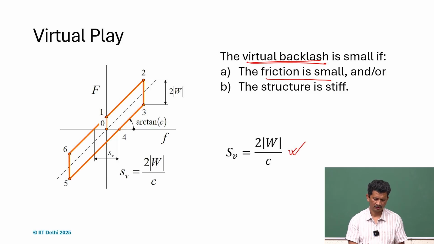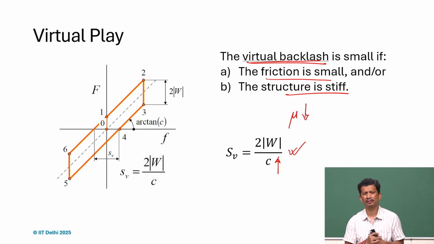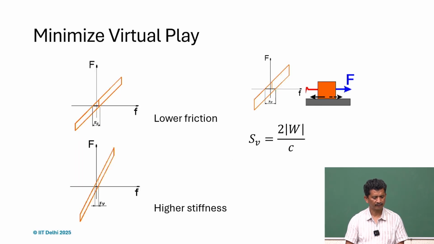So the mu value, if it can be reduced, and/or if the structure is stiff, or if you can increase the structural stiffness. And that's why many times we are talking about design for stiffness, designed to achieve higher stiffness. So if that is the case, then to some extent we can minimize this virtual play.